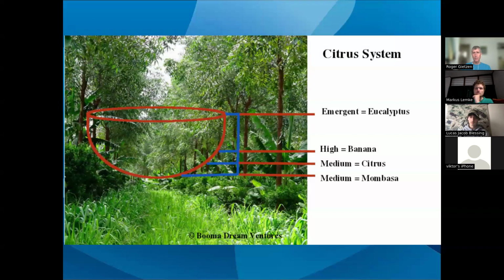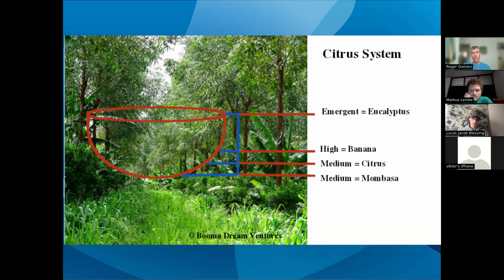Here's another example of a citrus system. I think this may be Fazenda Toca, the one that was covered in the Life in Syntropic documentary. Here you see eucalyptus is the emergent, and high is a banana.